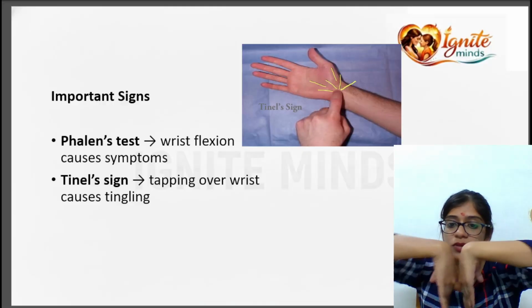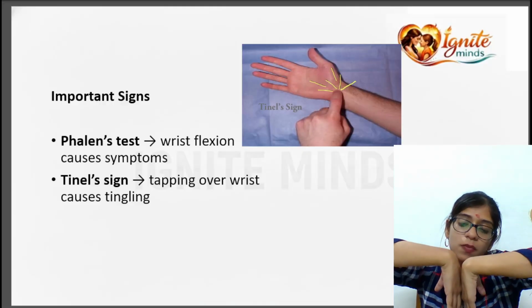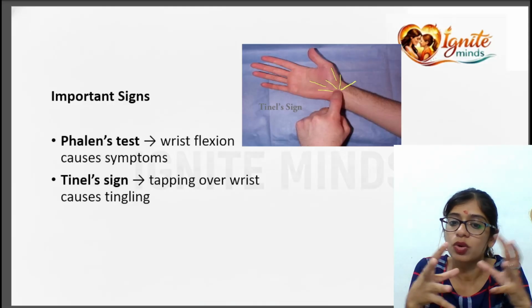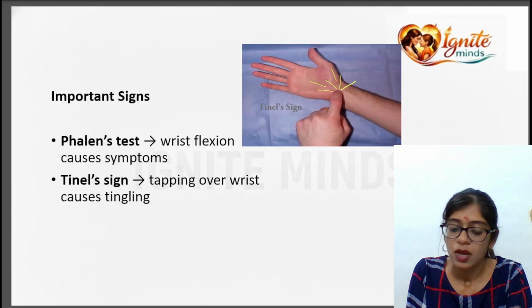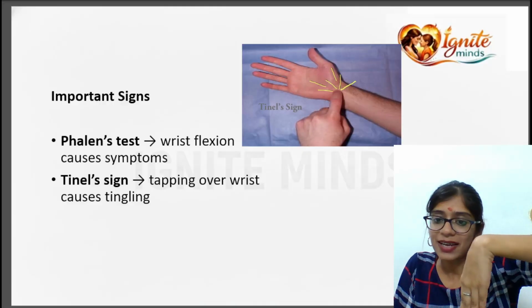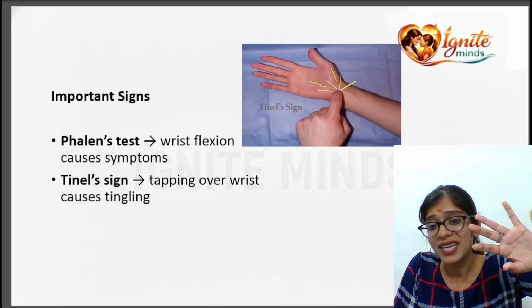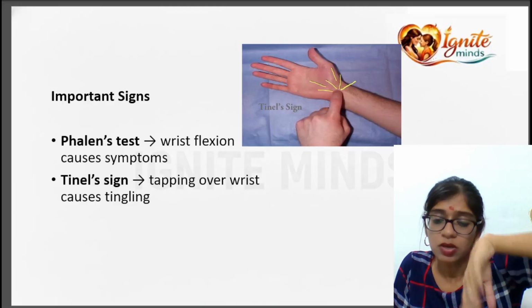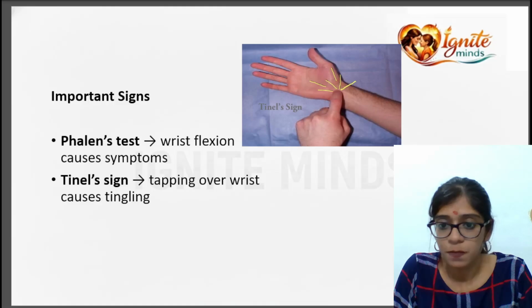This is flexion of the wrist. When we do this, we narrow the carpal tunnel space even more. So if the median nerve is already compressed, when you do this action the symptoms are going to increase. Okay, so Fallon's test is wrist flexion causing increased symptoms.